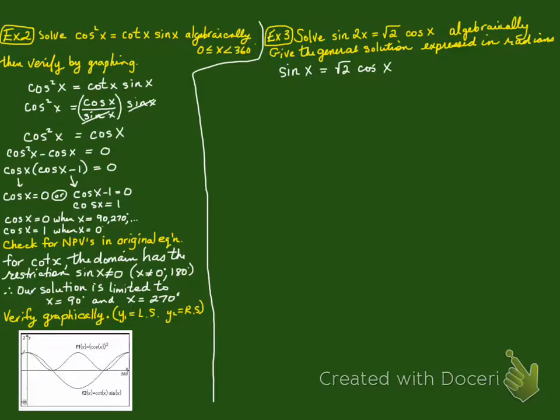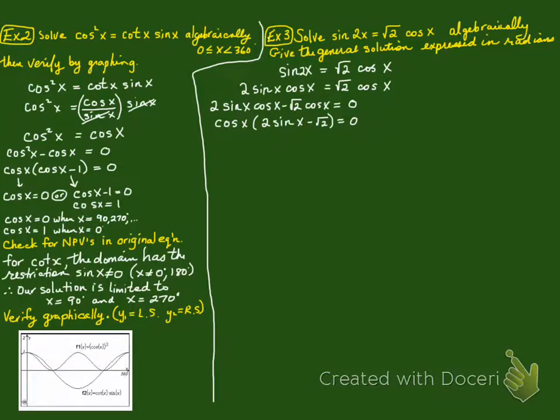We can say that the sine of 2x, pardon me, that should be the sine of 2x, so 2 sine x cos x, we can replace that with, is going to equal root 2 cos x. If I bring everything over to one side, 2 sine x cos x minus root 2 cos x equals 0. I can factor out a cosine of x to get cos x times 2 sine x minus root 2.